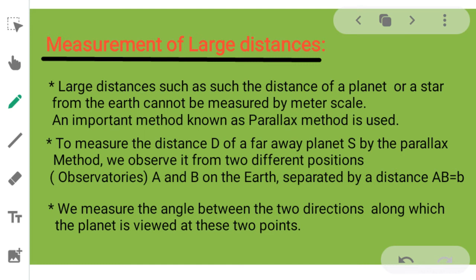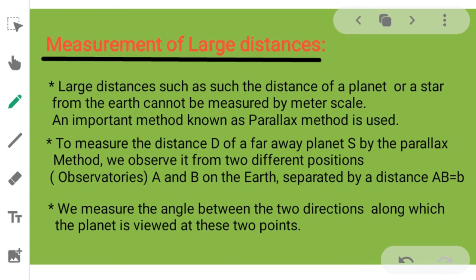For such large distances, the parallax method is used to measure the distance D of a far away planet S. By the parallax method, we observe it from two different positions. Here we will take observatories. Observatories are the labs where celestial body studies go on, for example, ISRO or NASA, where we observe planetary or heavenly bodies.